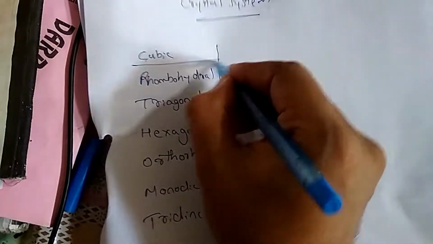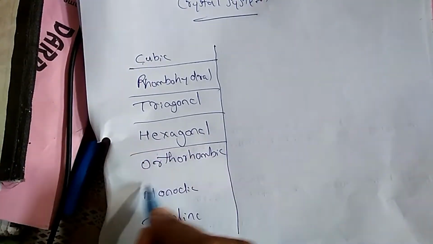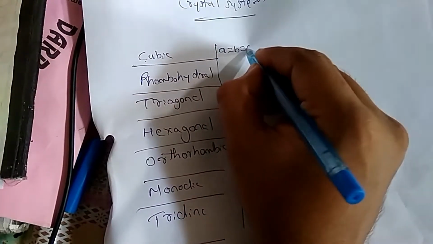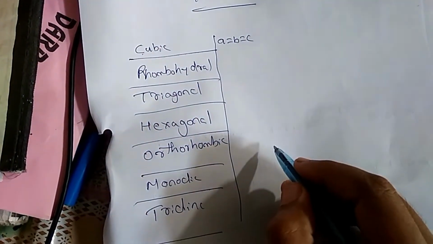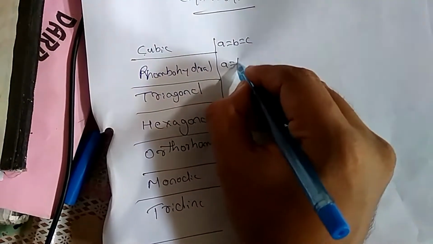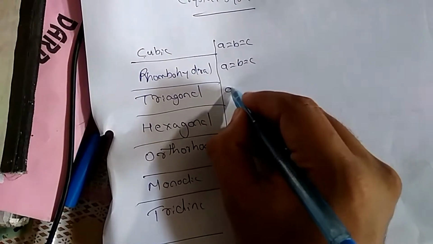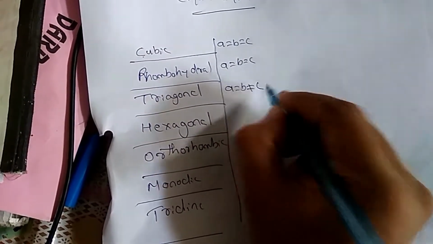If you remember the crystal systems in this way, it is easy to remember, because cubic has a equal to b equal to c, meaning all sides are equal. Rhombohedral also a equal to b equal to c. But for trigonal, it will be a equal to b not equal to c.